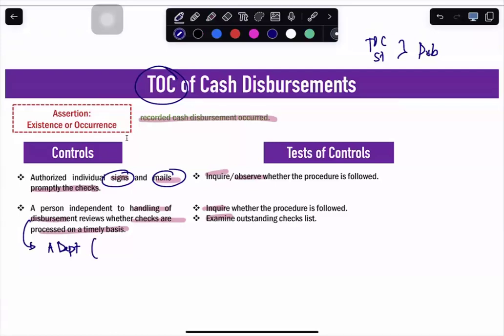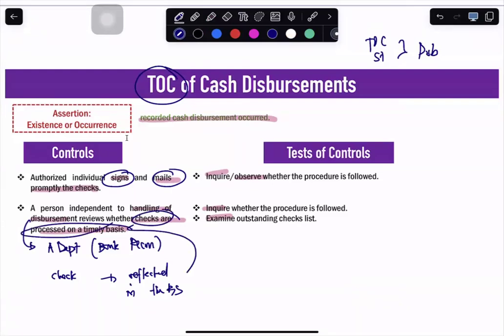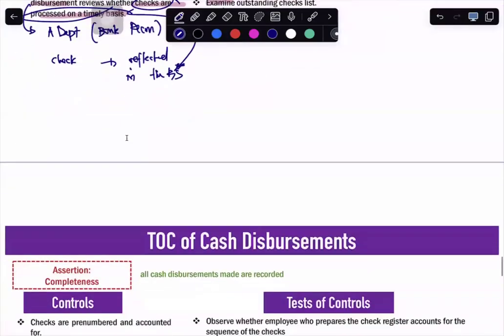Normally, this happens in the accounting department for bank reconciliation, because once we issue a check, we see if the check is already reflected in the bank statement. That's why we see whether it is processed on a timely basis. So here, it is more inquiry and inspection.